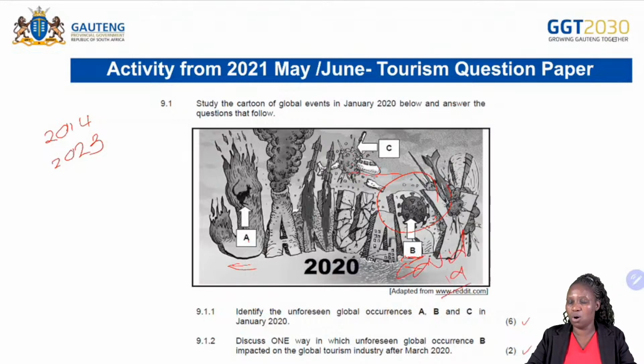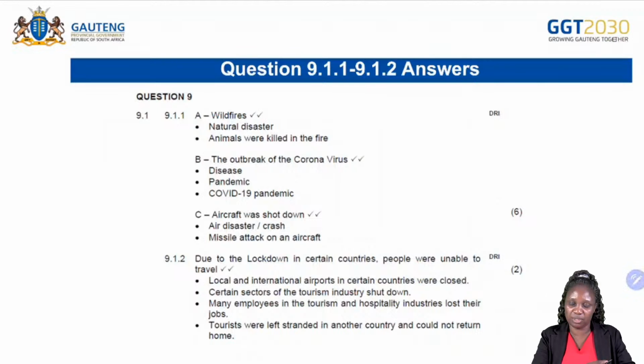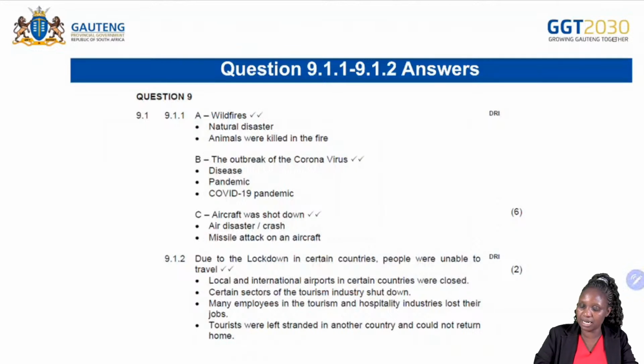Okay, how was the world affected from March 2020? Let's look at the solutions. Remember, we said A, these are wildfires, B, the outbreak of coronavirus, and C, the aircraft was shot down. All right. And then 9.1.2, due to the lockdown in certain countries, people were unable to travel.